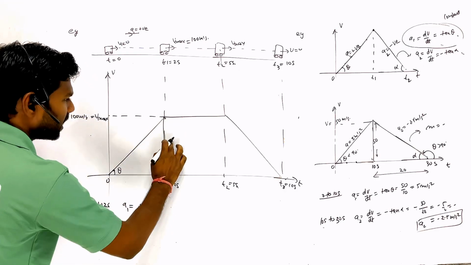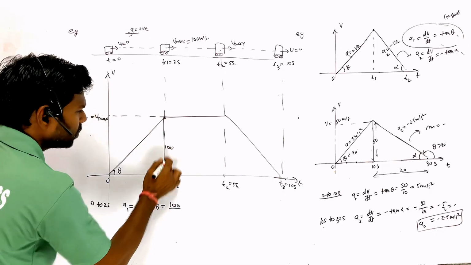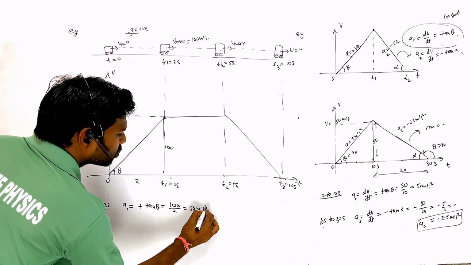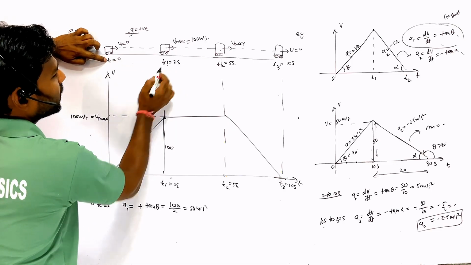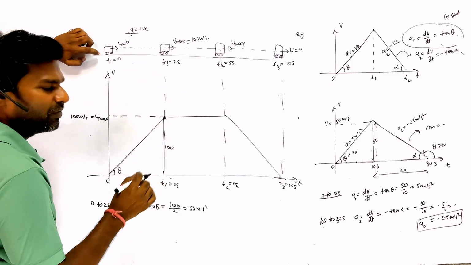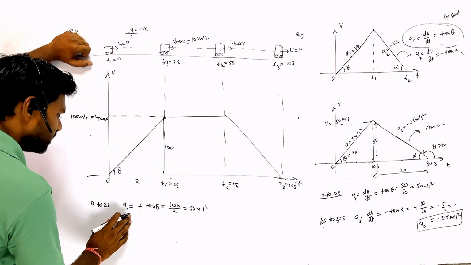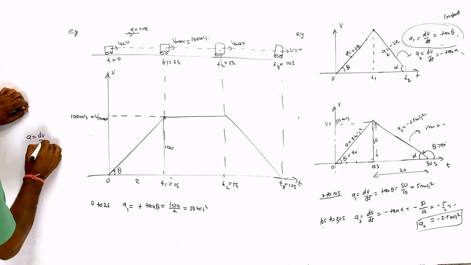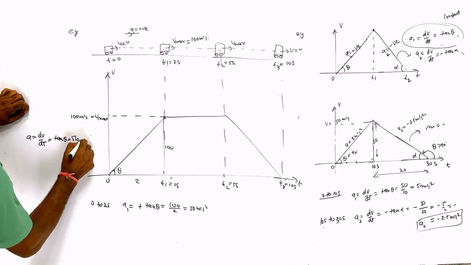So this is 100 and this is 2. 100 perpendicular upon base, so this is 50 meter per second square. It means the train accelerates from 0 to 2 second with 50 meter per second square acceleration. Is it clear? This is the slope. Acceleration is nothing but dv upon dt, which is equal to tan theta, which is the slope.